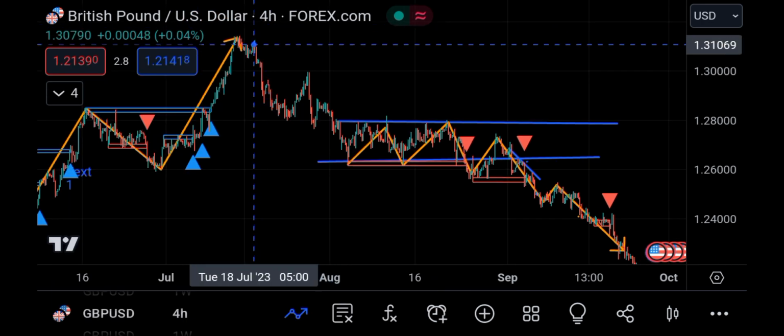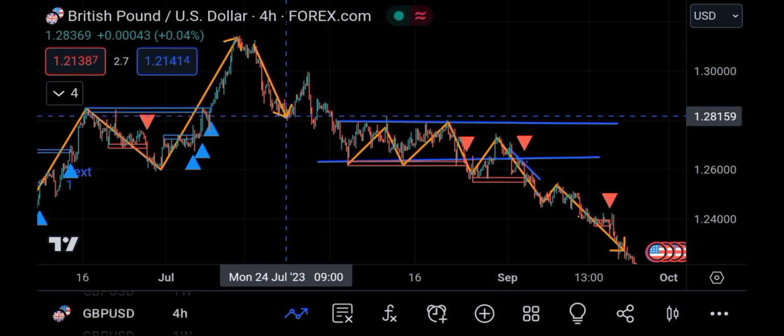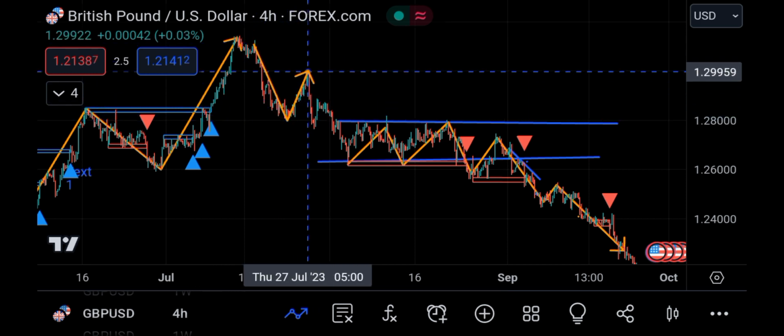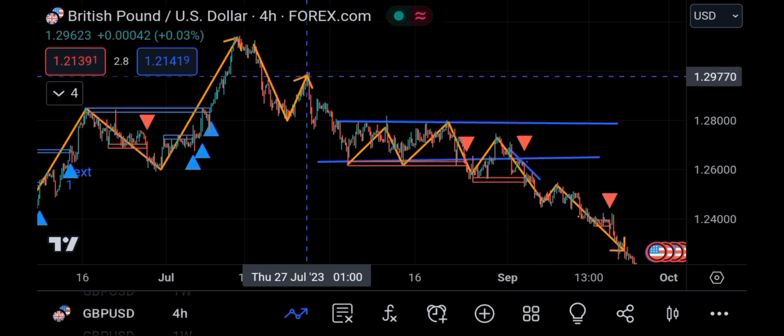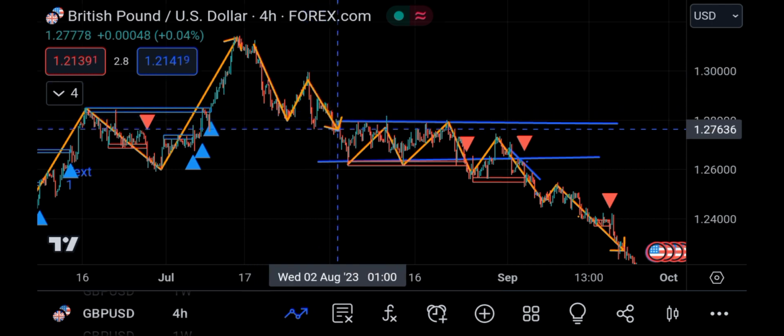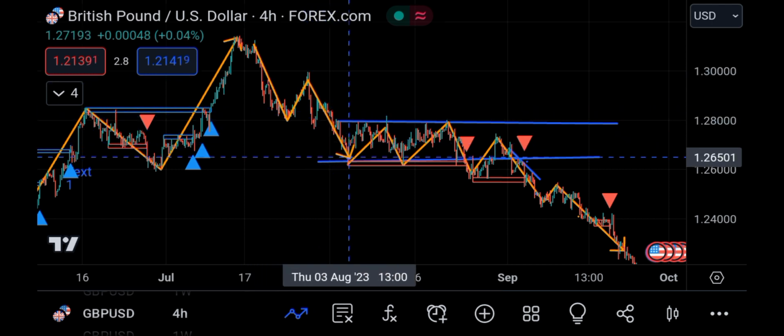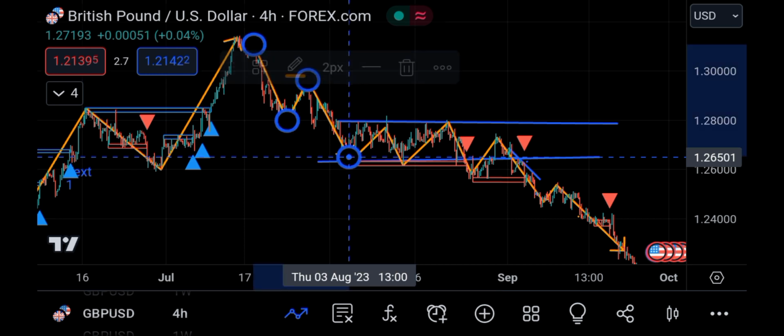After the fifth wave is created, the market changes momentum downward, and we reach a point where the market begins to consolidate.